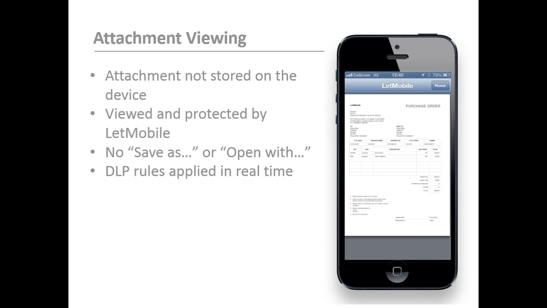So you can say, for example, if this attachment is opened by my CEO and it does not contain any financial information, then I allow my CEO to open it in a different application on his iPad only. So you can create all those kinds of sophisticated rules in order to answer all the use cases that are out there.